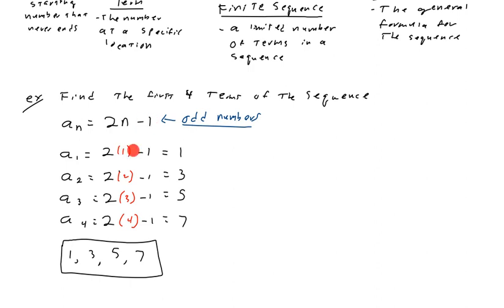Multiply whatever position you're at by 2, and then minus 1 to get the odd numbers. If we didn't do the minus 1, we'd get the even numbers. 2 times 1 is 2, 2 times 2 is 4, 2 times 3 is 6, 2 times 4 is 8. 2, 4, 6, 8. If we didn't do the minus 1, we'd get all the even numbers. Very interesting.